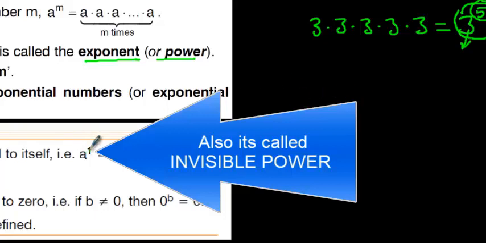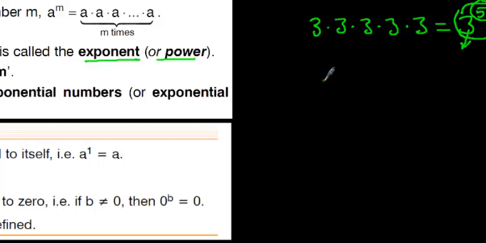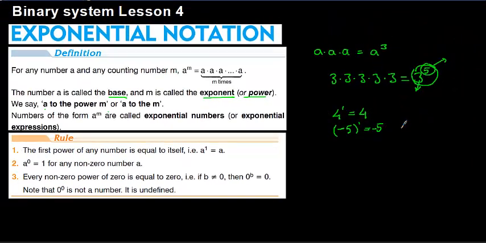A number to the power of 1 is equal to the number. So 4 to the power of 1 is equal to 4, or 5 to the power of 1 minus 5 to the power of 1 is equal to 5 minus 5.